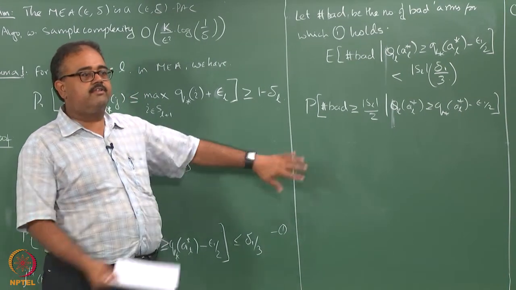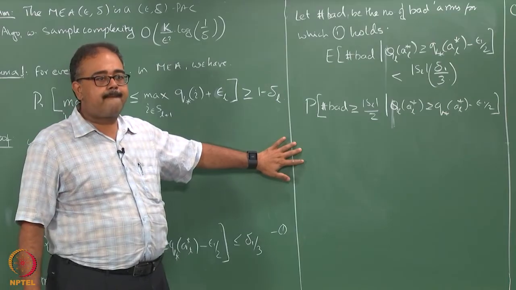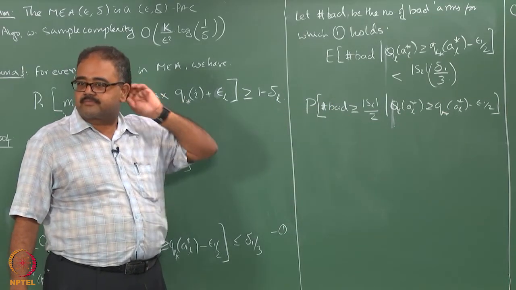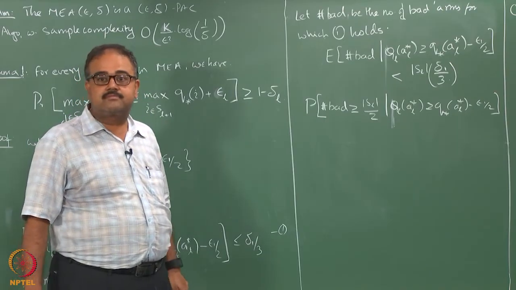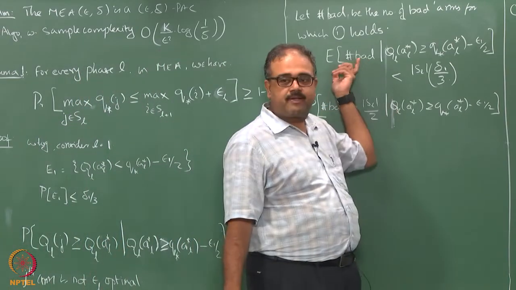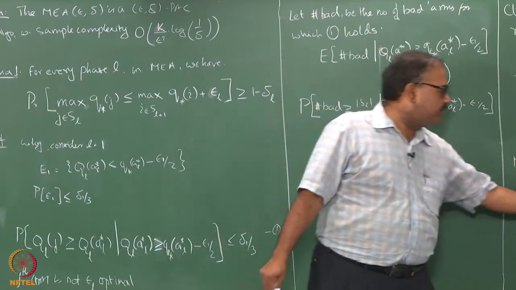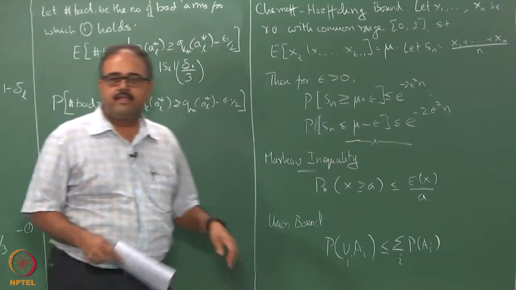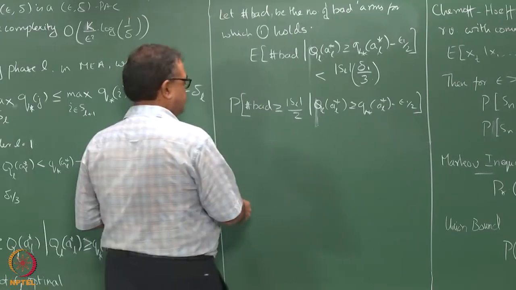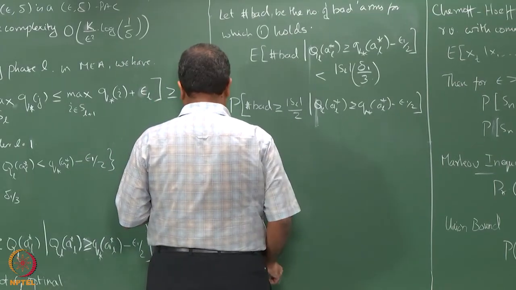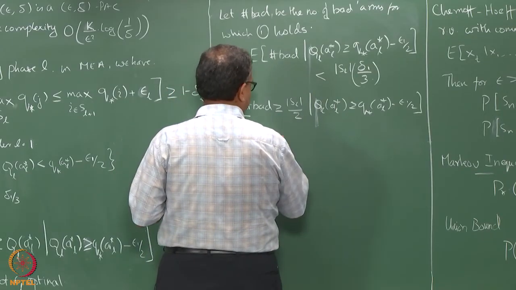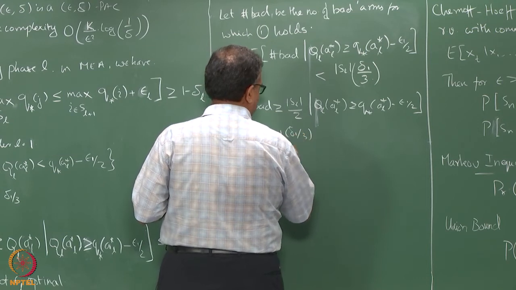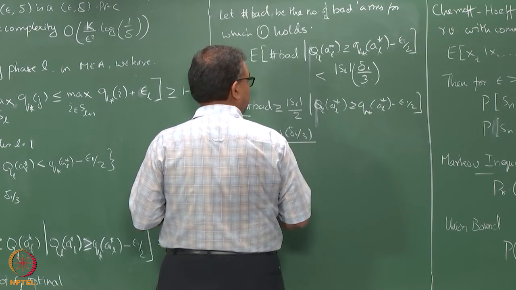This is where we are going to use the Markov inequality, right. I have already written the expectation here. So the probability of x greater than or equal to a is less than or equal to the expected value of x divided by a, right. So this is less than or equal to the expected value divided by a.